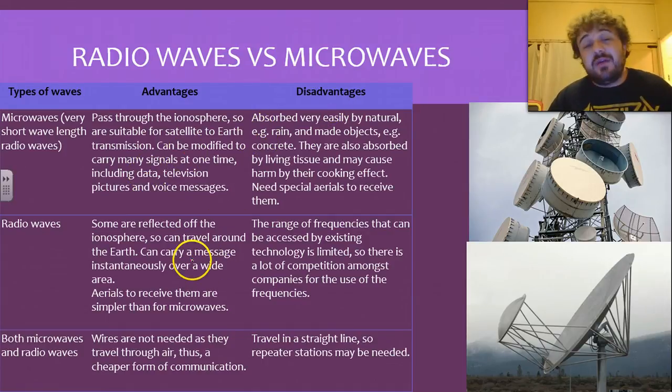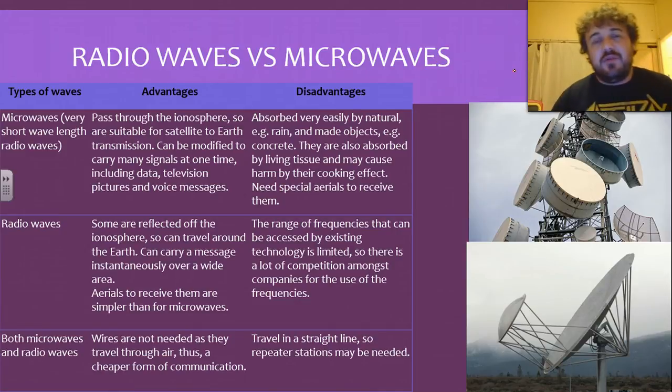If we look at radio waves, the advantage is that they're actually reflected off the ionosphere. Now, the ionosphere is above the air that we breathe, and it's all plasma. Because they bounce off, so here's our Earth, and it's round.